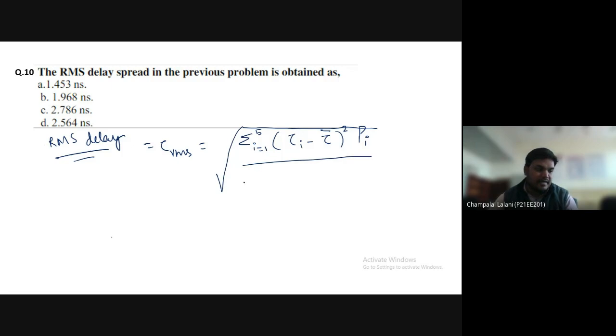If you put the values of tau bar, tau i and P i, you will get the answer. Let's try this out.